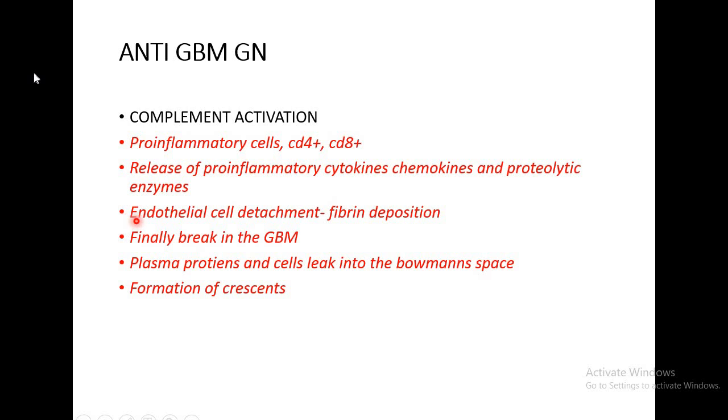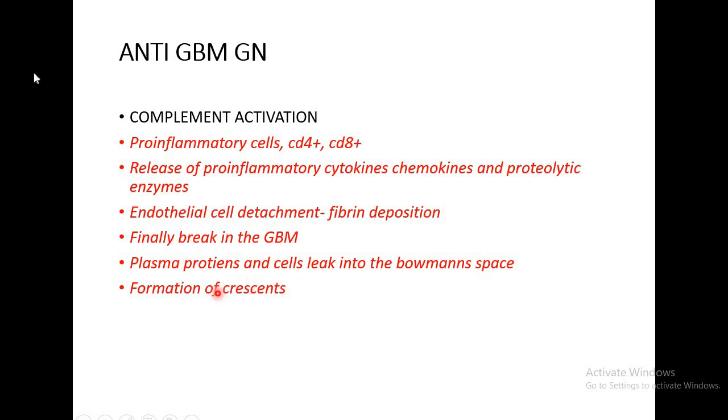As a result, there will be endothelial cell detachment, and beneath this detached area there will be fibrin deposition, and finally there will be a break in the glomerular basement membrane leading to leakage of plasma proteins and cells into the Bowman space, and further there will be formation of crescents.